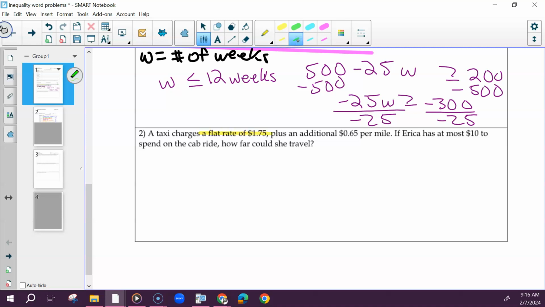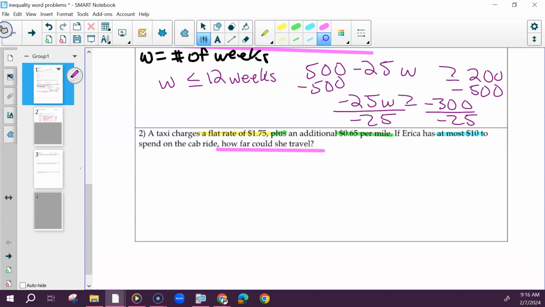I'm going to put plus the 65 cents per mile. And then anything else? At most $10. And how far could she travel? We're looking for how far could she travel.